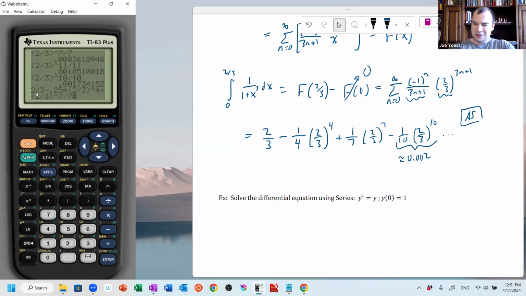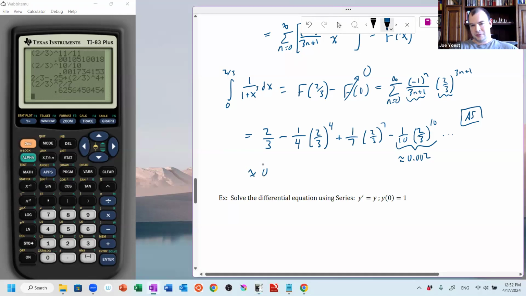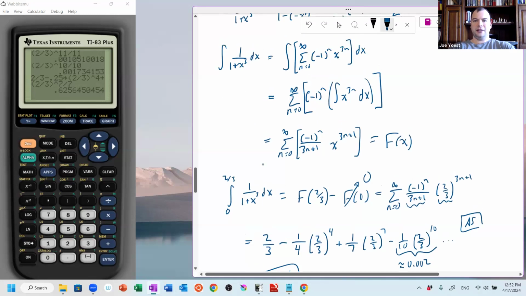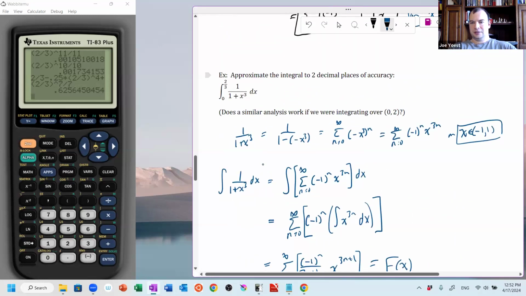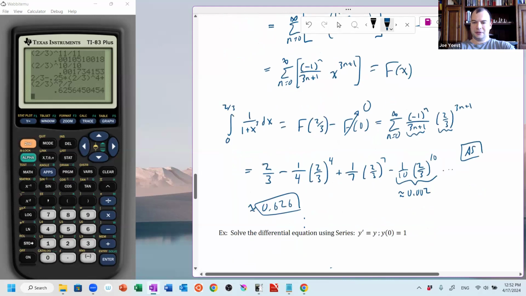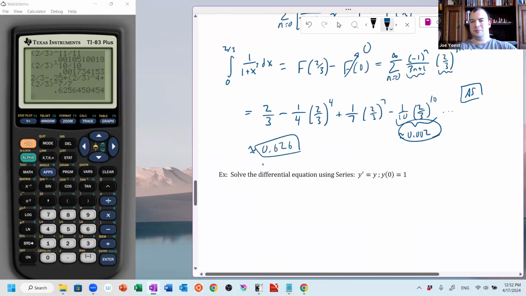Okay, did I type that all in right? So that looks right. And this gives me about 0.626 or so. And this should be accurate to at least 2 decimal places. My error should be no more than 0.002. In practice, my error might be much smaller, but this is an upper bound.